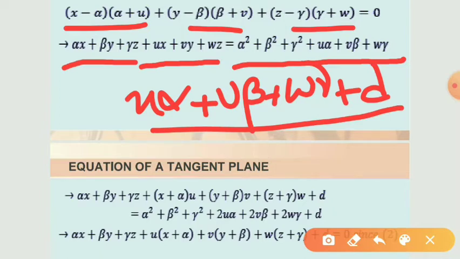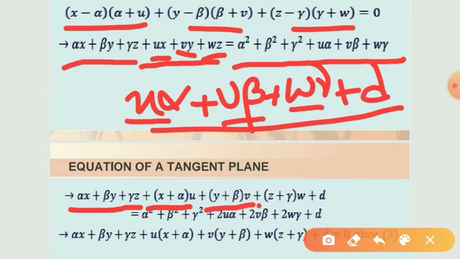Then we will get alpha x plus beta y plus gamma z plus ux plus u alpha, which is equal to (x plus alpha) into u by taking u common. Similarly, vy plus v beta is equal to (y plus beta) into v, plus wz plus w gamma, which is (z plus gamma) into w, plus d on this side.